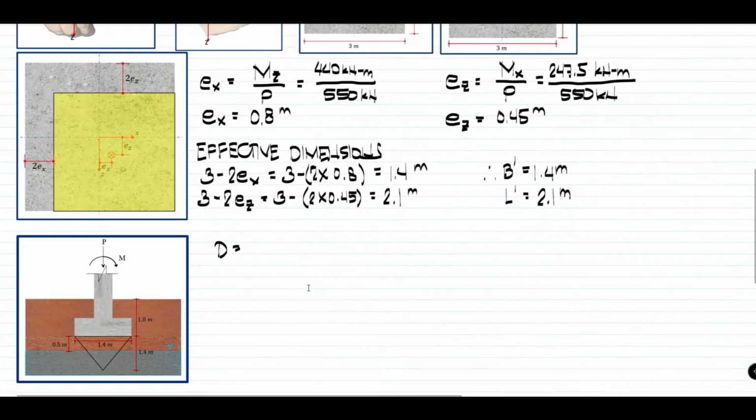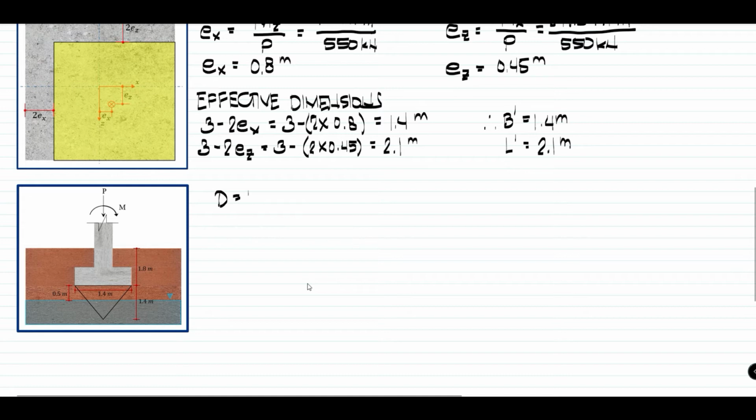So, that is just 2.3 minus 1.8. So, that will just be equivalent to 0.5 meters. So, yan na yung D natin for this one.